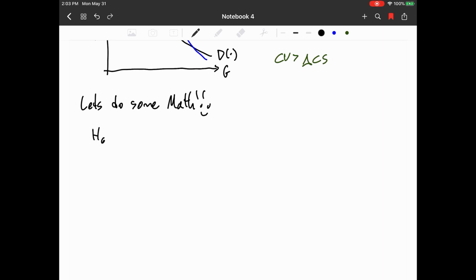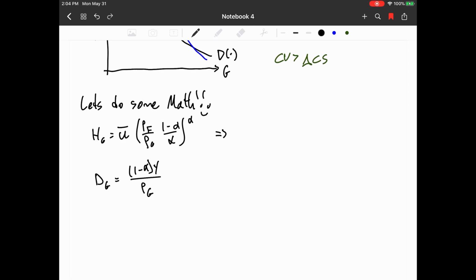So our Hicksian is just U bar times PF over PG, 1 minus alpha over alpha, raised to the power of alpha. And our Marshallian is 1 minus alpha times y over PG.